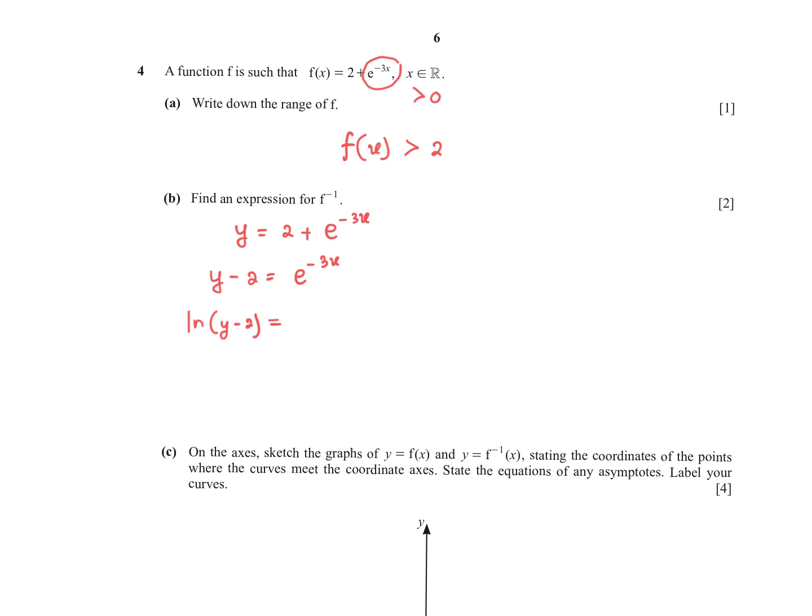So this is equal to negative 3x only. So x is equal to ln(y minus 2) divided by negative 3. So the inverse function is equal to negative 1 over 3 ln(x minus 2).